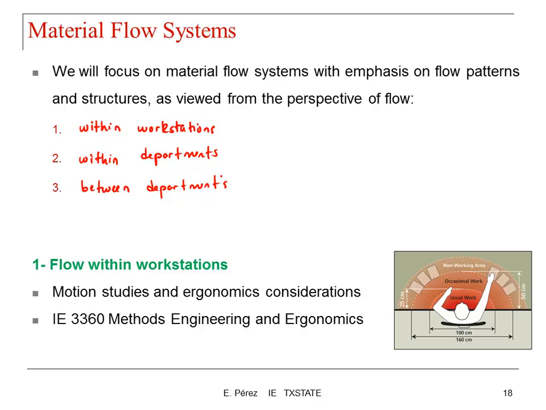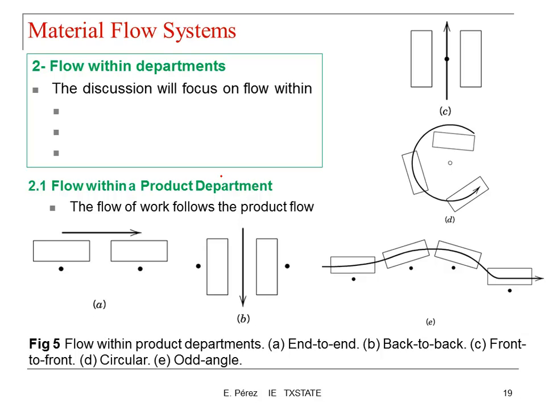In this course, we're not going to go into detail on how to design a workstation. That's not part of this class. If you are in the industrial engineering program, we have a course for that. It is called Methods, Engineering, and Ergonomics, which goes into detail on how to design a workstation and what things are considered in terms of ergonomics. But that's not going to be part of this course.